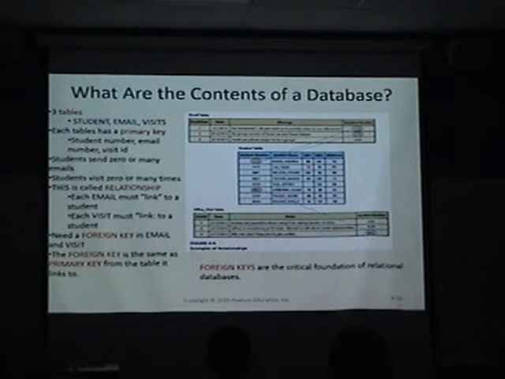Then we have 3559, which is Jeffrey Tam. He also visited. So the purpose of the foreign key is it's the primary key from the table that it's related to. And it helps us link things together, right?